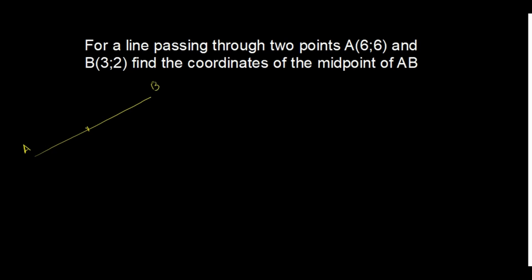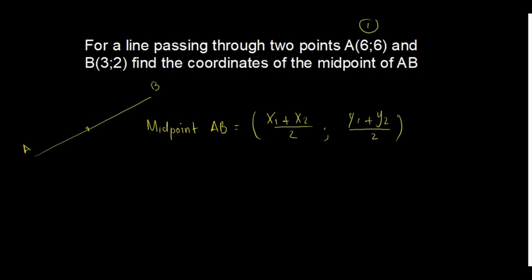Okay, to find the midpoint of AB, we use the formula, remember we said it's (x1 plus x2) divided by 2 and (y1 plus y2) divided by 2. I like labeling my points. I say A is my point 1 and B is my point 2, and then I say that x1 is the 6 plus x2 is the 3 divided by 2. y1 is the 6 plus y2 is the 2 divided by 2.